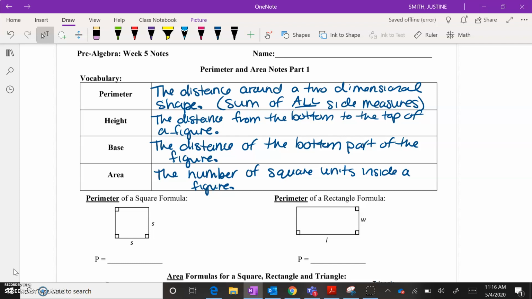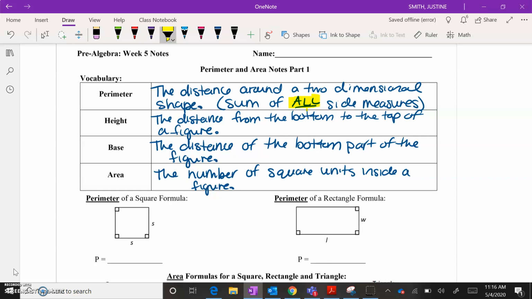Now that you have those filled in, we're just going to quickly go over them. Perimeter is the distance around a two-dimensional shape, so it's really just adding up all of the side measures, the sum of all of the side measures. The height of a figure is the distance from the top to the bottom of the figure.